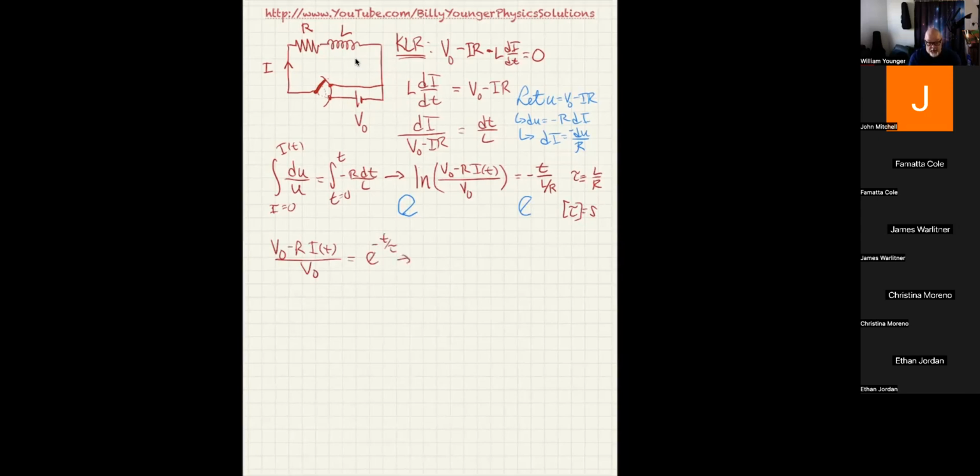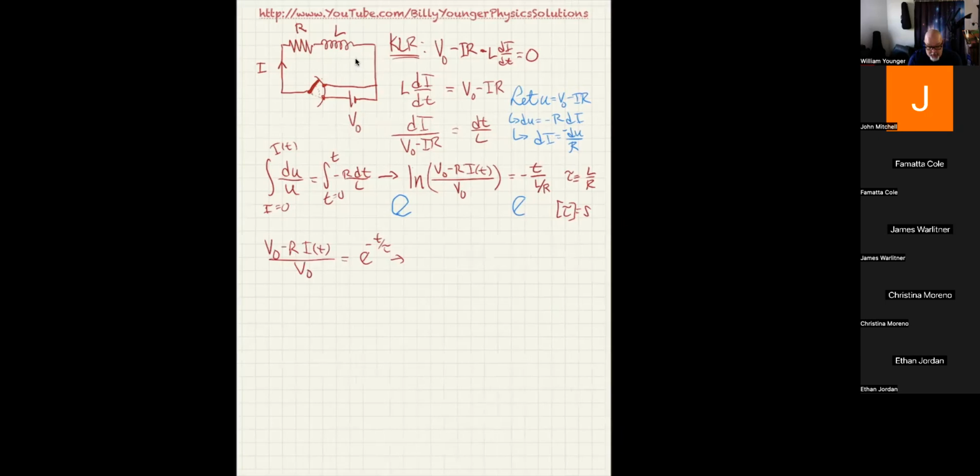If you fast forward a little bit and do some of the work, basically I'm going to have to multiply both sides by V0, and then add R times I of t to both sides, and then pull the e to the negative t over tau to the left-hand side.